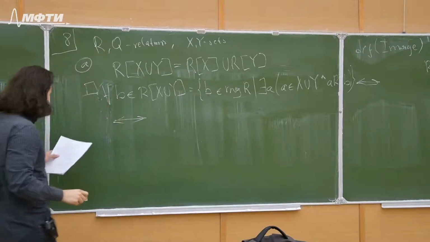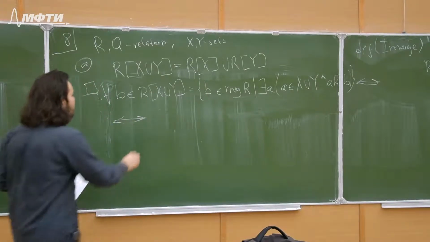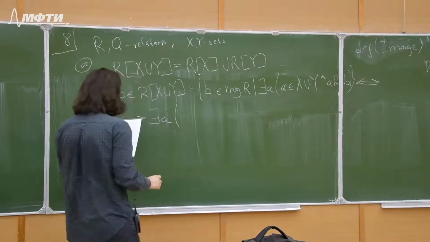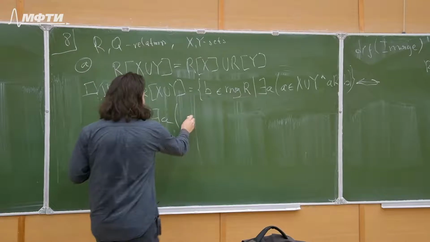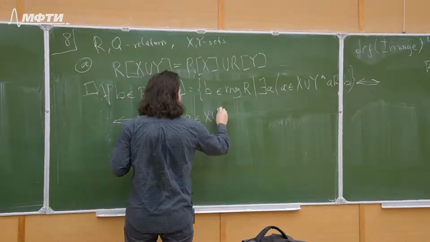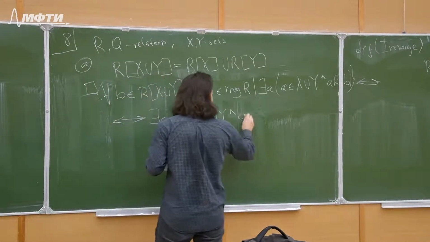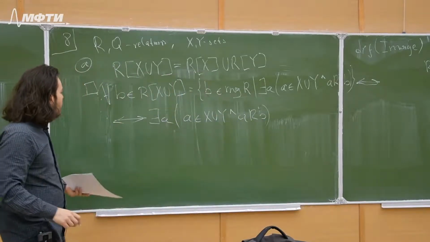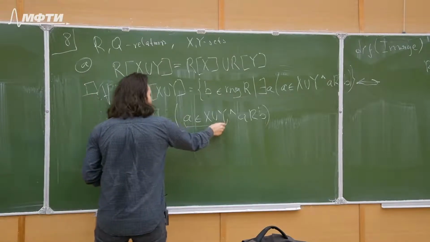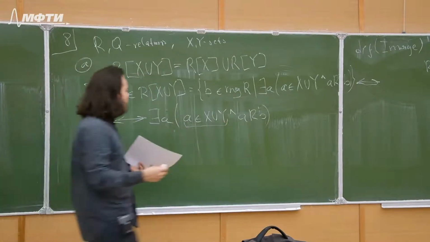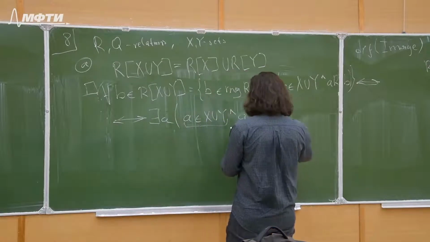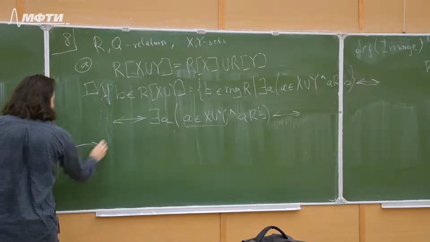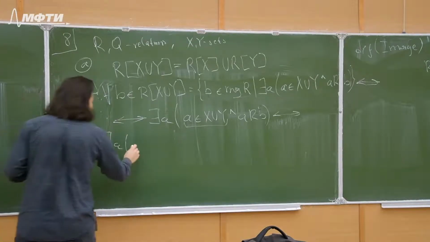So we can see that there exists some A such that A belongs to the union of X and Y, and A R B, right? So we have that A is in the union of X and Y. What does it mean? Well, this is if and only if there exists A such that we have two options.